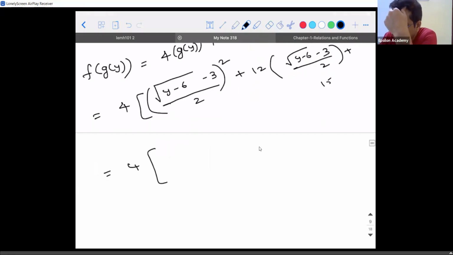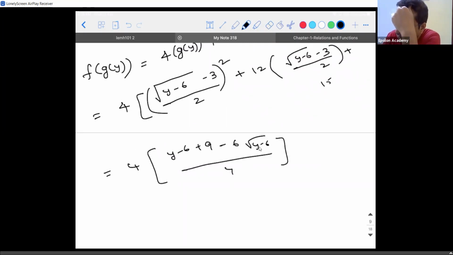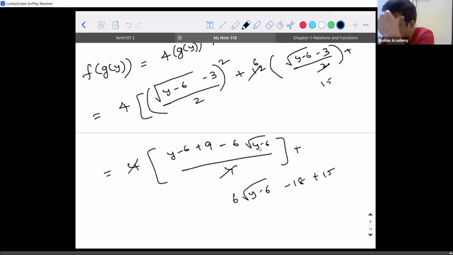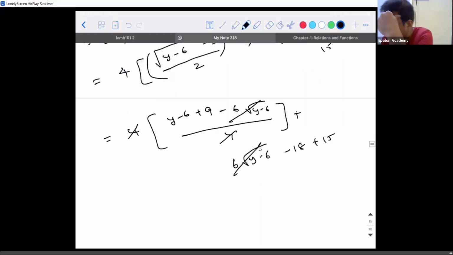Okay, 4 into y minus 6 plus 9 minus 6 into root of y minus 6, the whole divided by 4, plus 12 into 6 into root of y minus 6 minus 18 plus 15. 4 and 4 are gone. 6 root of y minus 6, 6 root of y minus 6 gone. 9 minus 6 is 3, minus 18 plus 15 is minus 3. So the answer is y. So f of g of y is I of y.